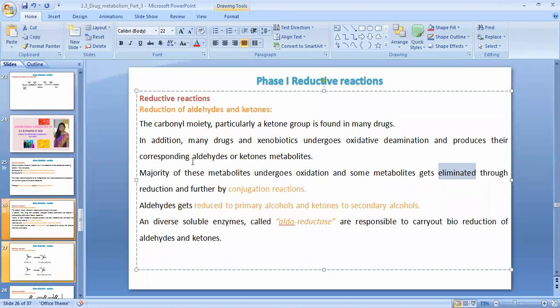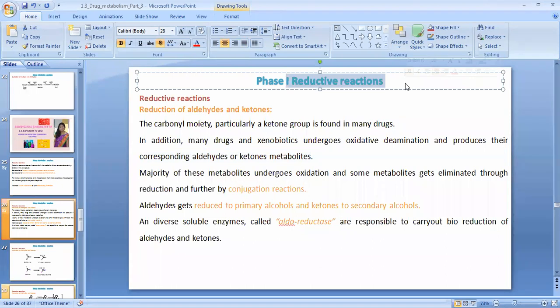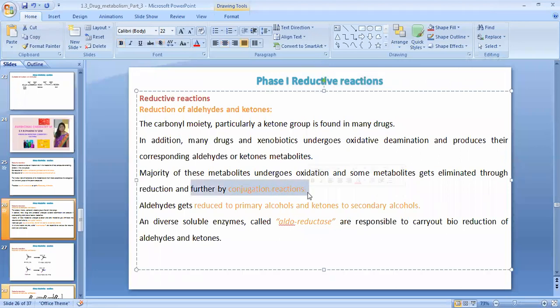And those aldehyde and ketone molecules on which neither reaction occurs, the oxidative phase 1 reaction is also not there, as well as the reductive reaction for drug elimination, those types go further for the conjugation reaction.